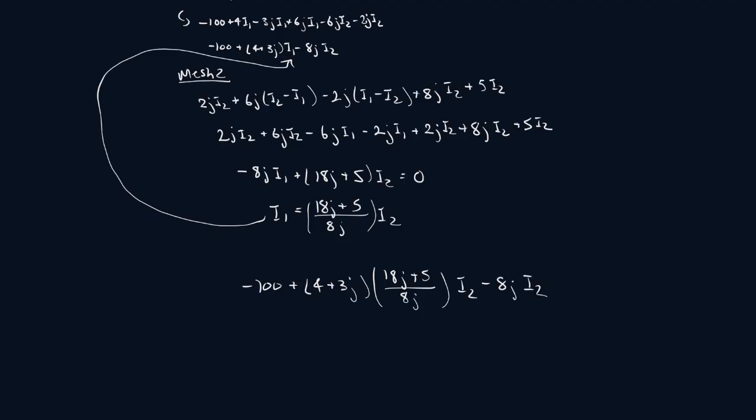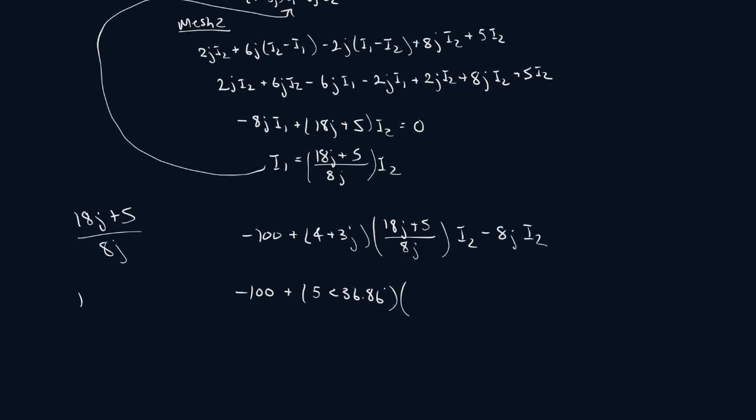Let's get everything in phasor format. So minus 100 plus 4 plus 3j, that's 5 phasor 36.86 degrees, times 18j plus 5 all over 8j.